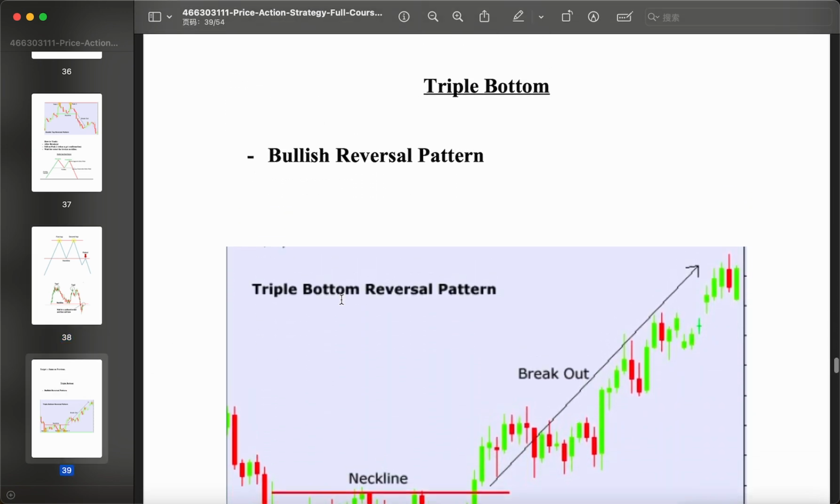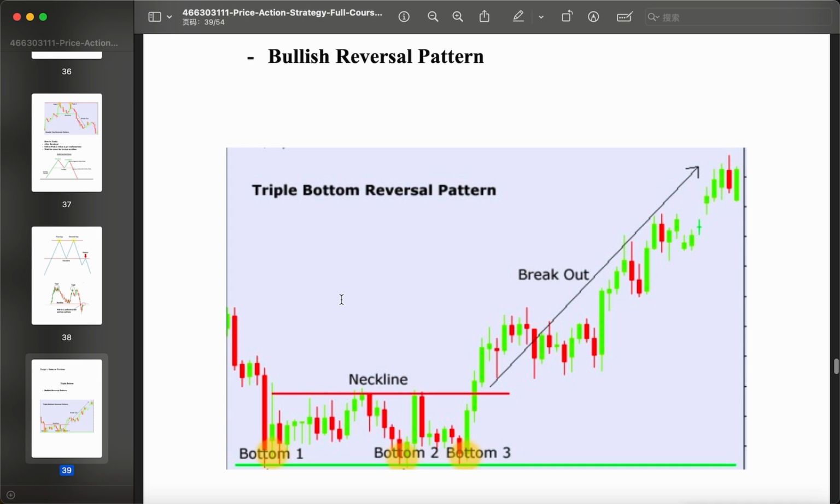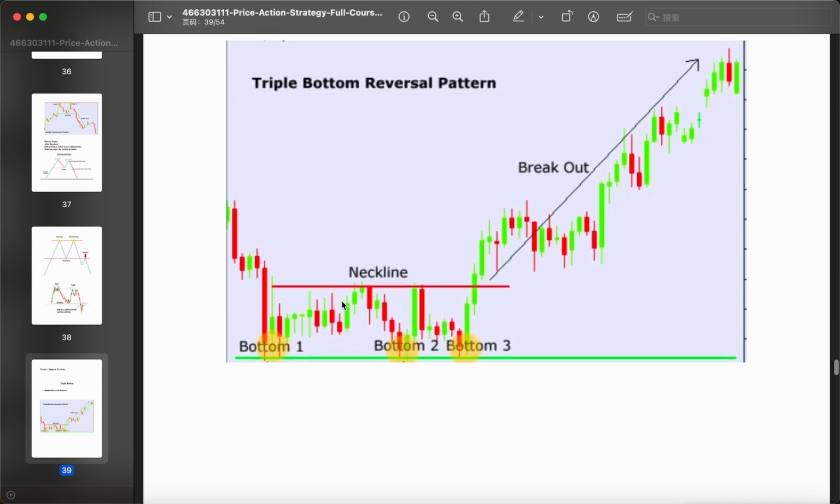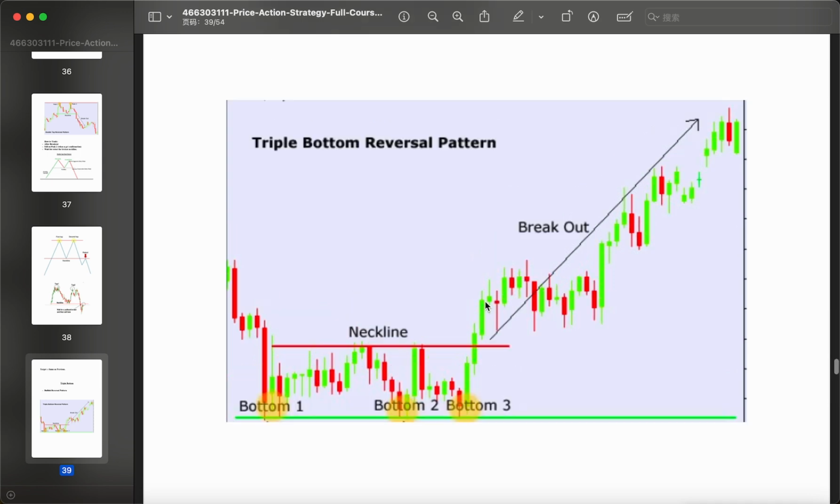So this is the triple bottom, a bullish reversal pattern. As I have said before, you have double bottom, you have triple bottom pattern. So you have to wait for a bit. If you are being too aggressive, you are not willing to wait for that neckline. Sometimes it will go from a double bottom reversal pattern to a triple bottom reversal pattern, right?